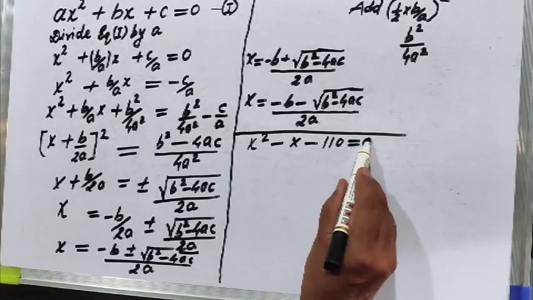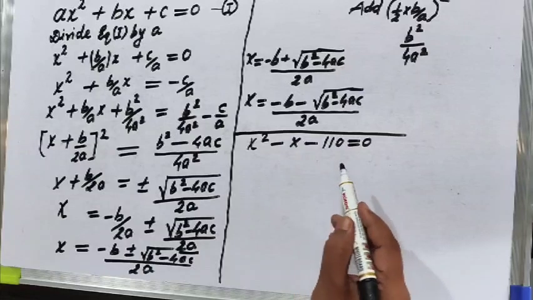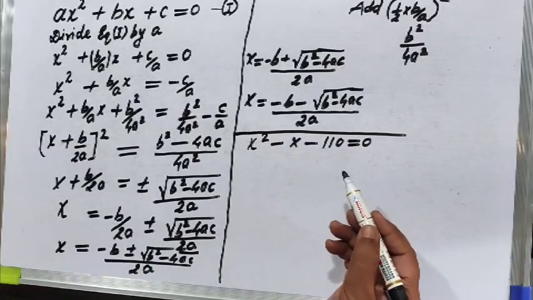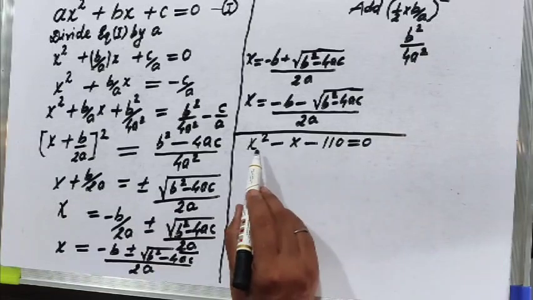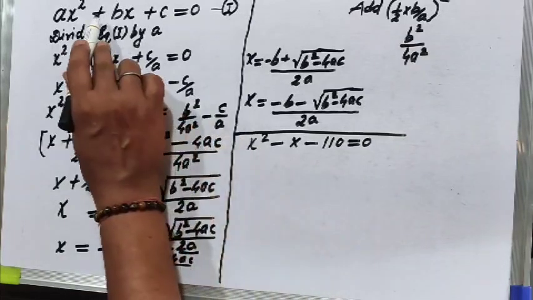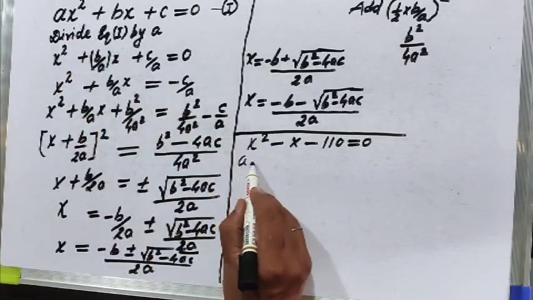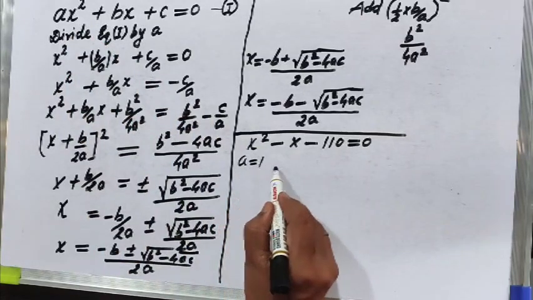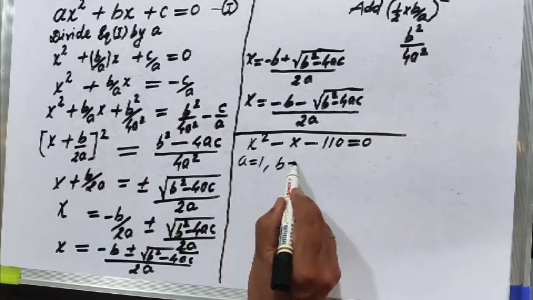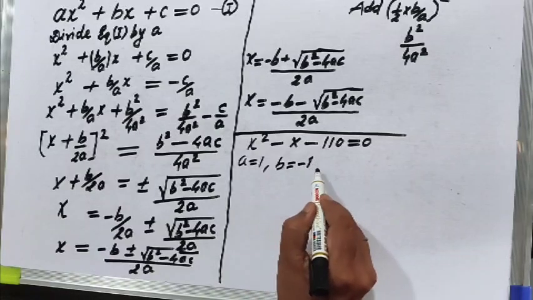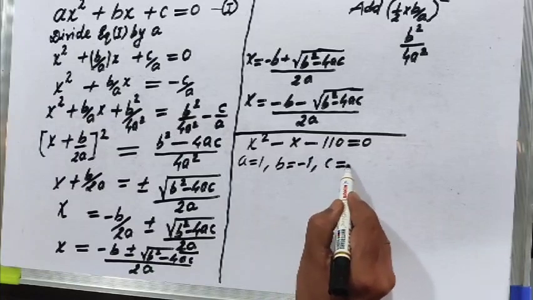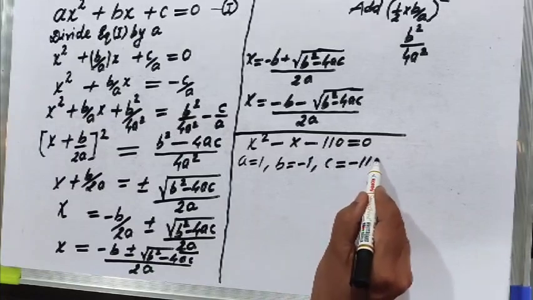I have taken a very simple example. Some of you may already know it. Only for illustration purpose I am taking this one. Now if you compare this with the general form, you will get the value of a is 1, the value of b is minus 1, and the value of c is minus 110.